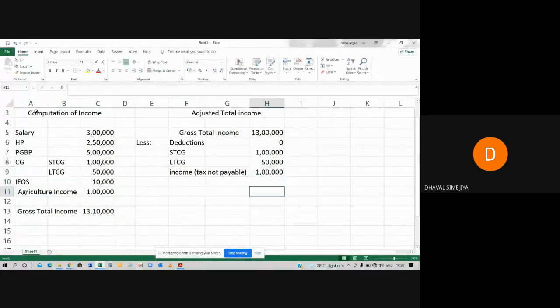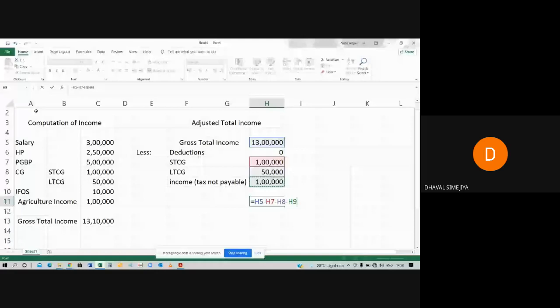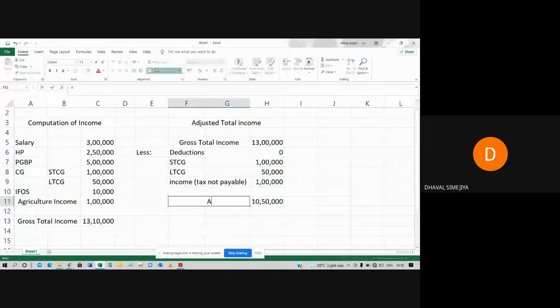So now, sorry, 13 lakh minus 1 lakh, 50,000, again 1 lakh. This will be my adjusted total income.